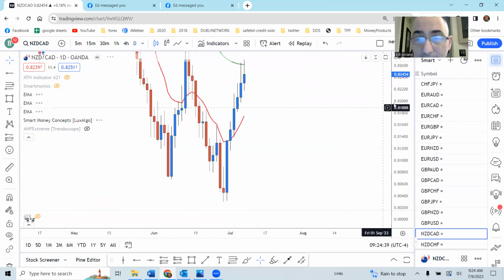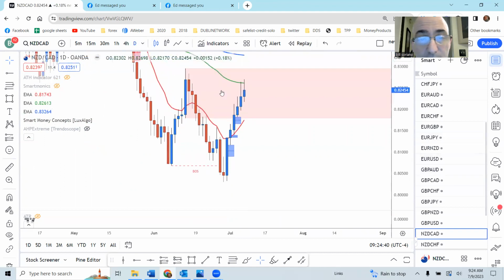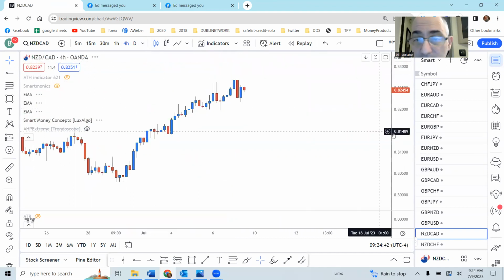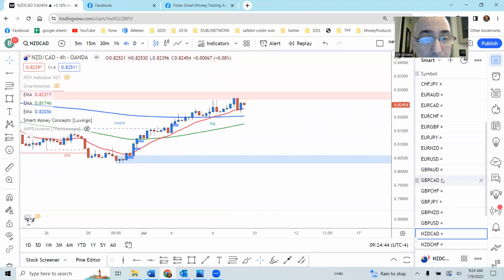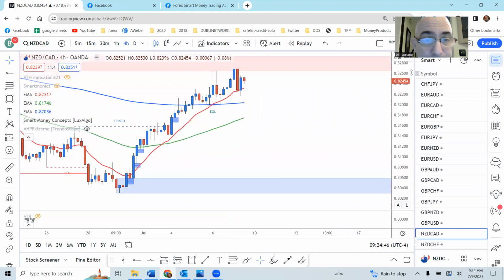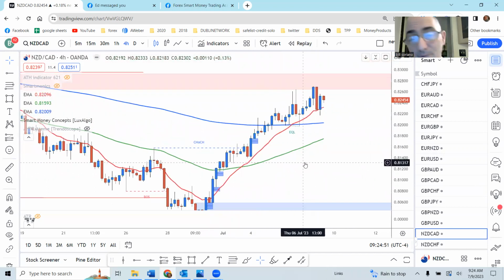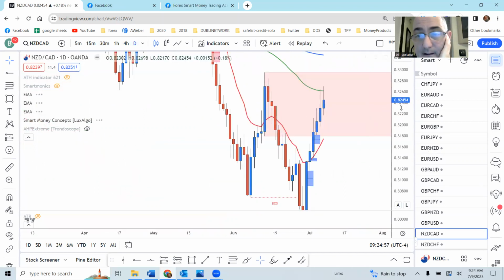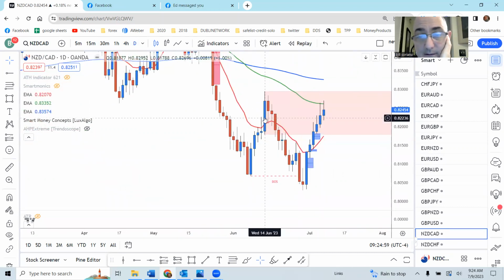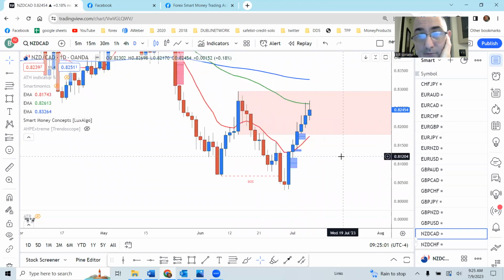NZD CAD, let's see what we're looking at here. Appears to be bearish order flow on NZD CAD. Let me look at this again. On the daily, what do we see? Definitely bearish order flow on the daily.